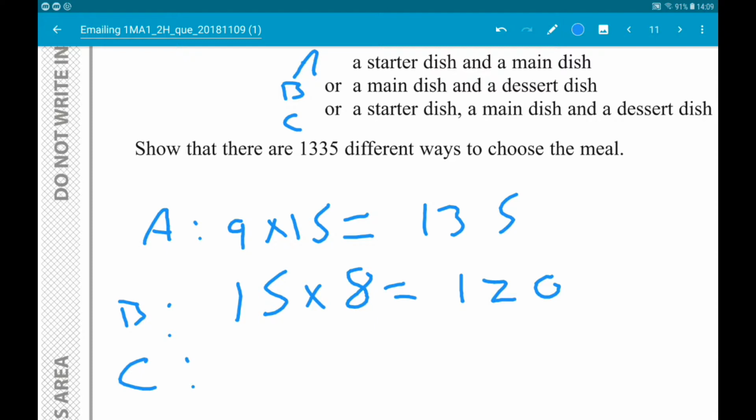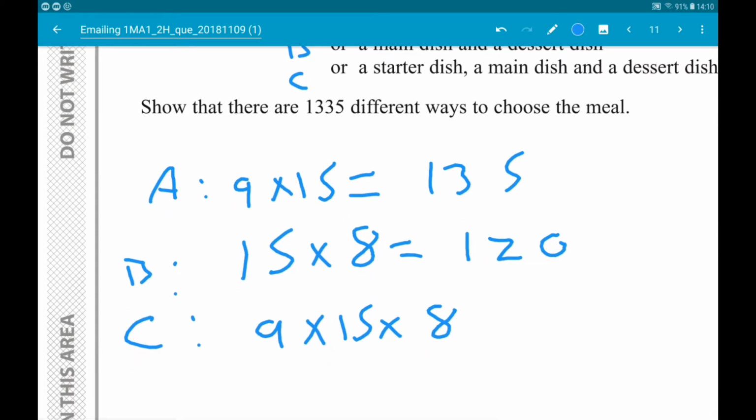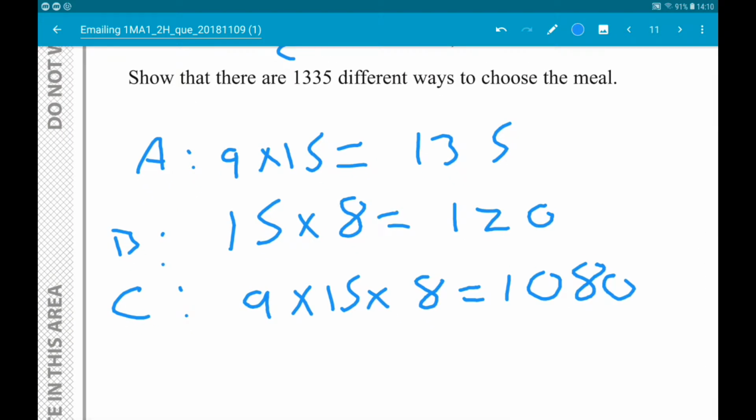So 9 times 15 times 8. So that is going to give us a really big number, 1080. Now, if we add these three together, we do indeed get 1335.